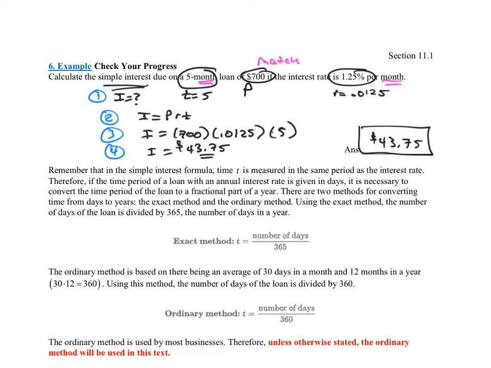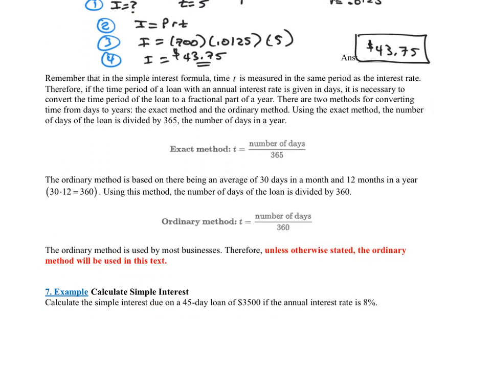This is called the ordinary method. Why do we care about the ordinary method? This is what banks always used to use. This gives you much, much nicer fractions to divide by, much nicer numbers to deal with. It's a lot easier, so when we say 5 months and we say 5/12, we are talking about 5/12. It is equivalent. We're assuming each one of those months is 30 days long.